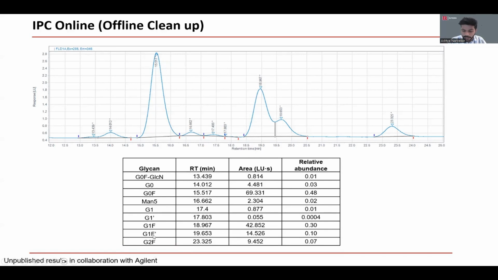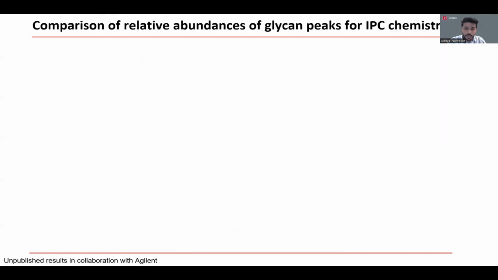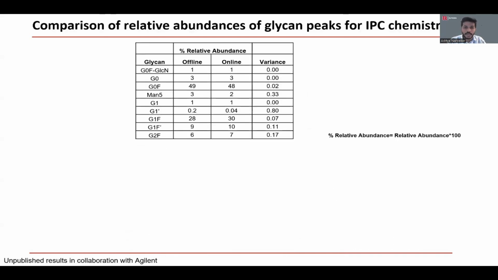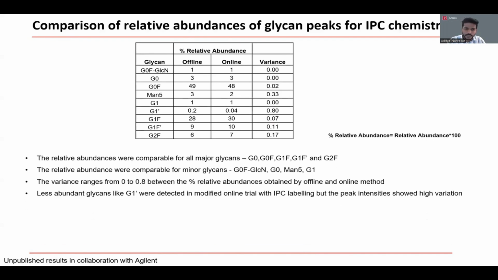And with that kind of detection, we further compare the data obtained with at-line analysis with that of the offline sample analysis. We get comparable relative abundances for all major glycans like G0, G0F, G1 prime, G1F prime, G2F.